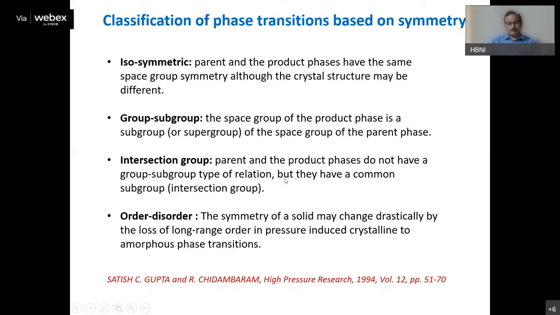For example, if there are some steric hindrances and the system is not able to go to some configuration which is thermodynamically more stable, and because of kinetic constraints, it is stuck in some disordered phase, like amorphization can happen. So this kind of transition can be called order-disorder phase transition. This classification has been nicely reviewed in this article by Dr. Gupta and Chidambar. I will discuss more detail about this kind of phase transitions when I concentrate on pressure-induced phase transition in my next lecture.